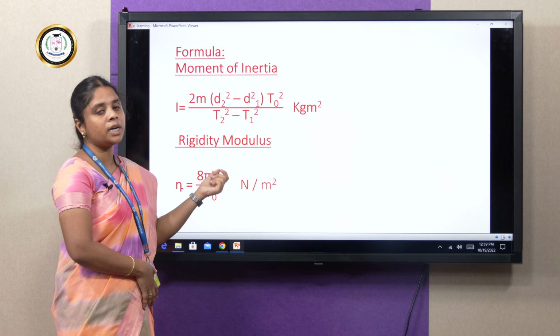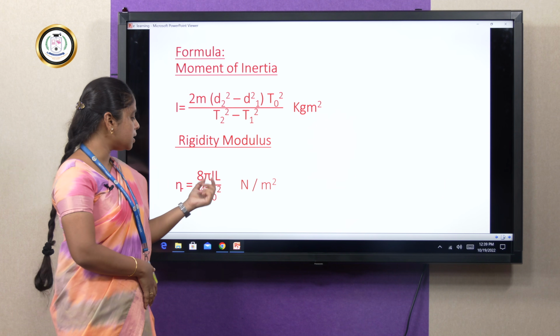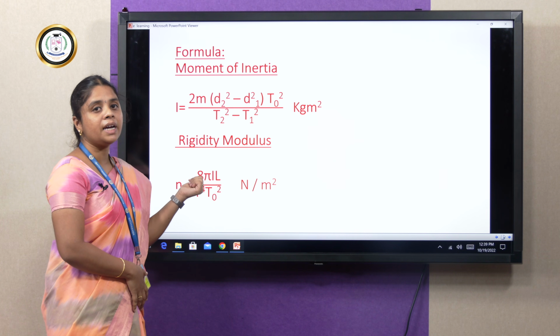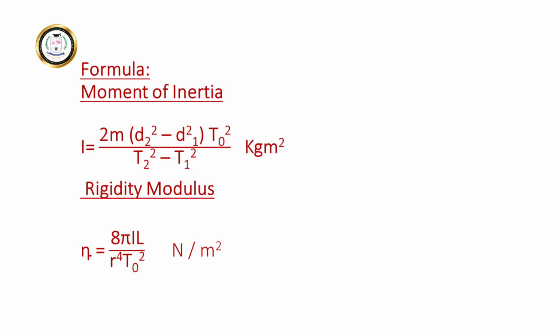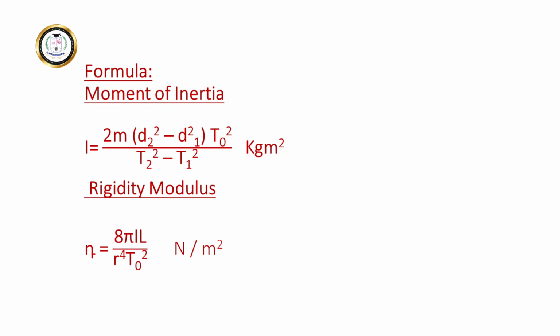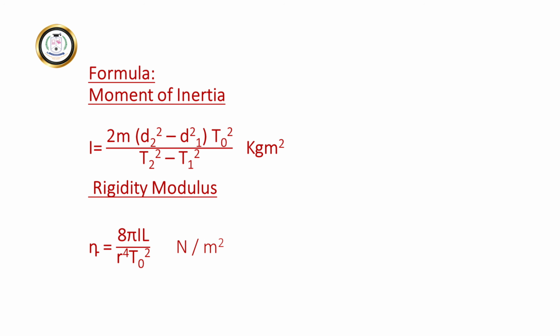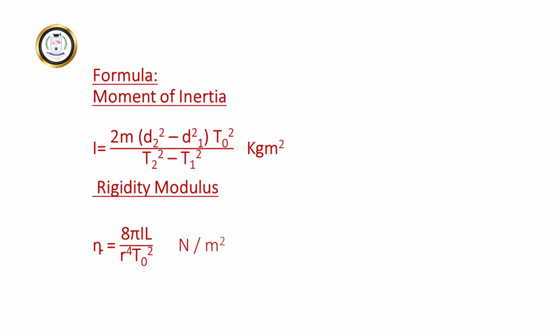As I said before, let us consider it as 55 centimeter, and r is the radius of the suspension wire which we have calculated using the screw gauge, and T0 square is the time period taken for the oscillations without placing any masses on the circular disc.